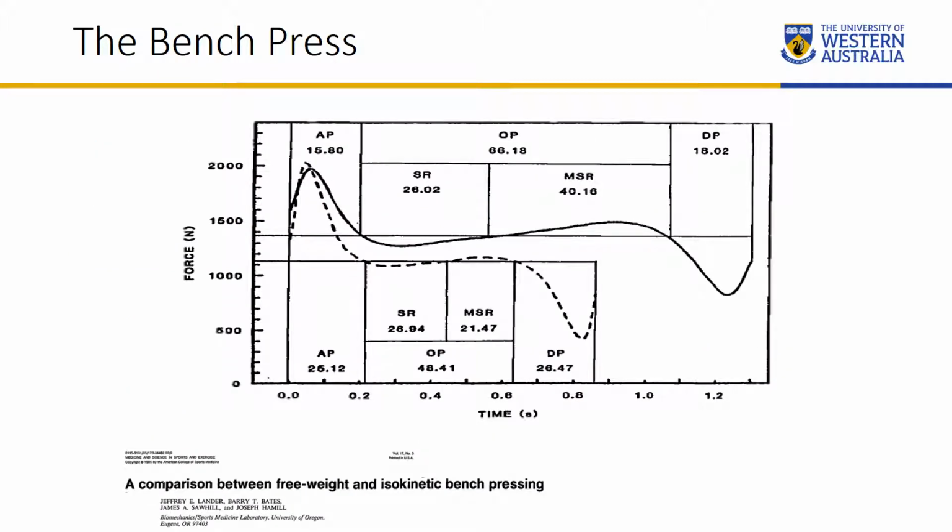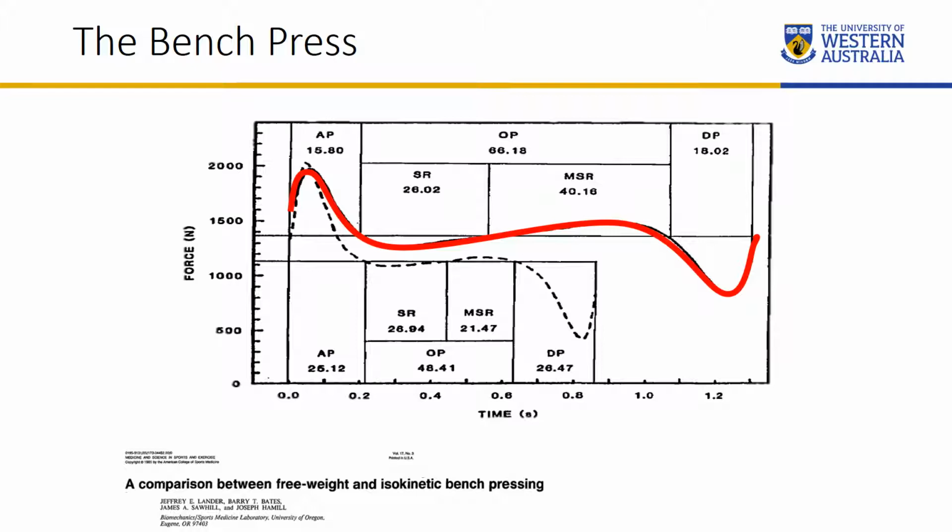To illustrate this point, this is the force-time curve recorded at the bar during a bench press exercise, highlighted in the red line on the slide. As you can see, initially, to move the bar from its resting position, your musculoskeletal system will need to accelerate that bar upwards.